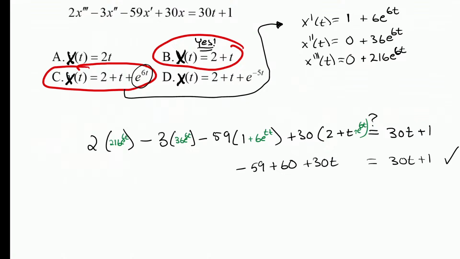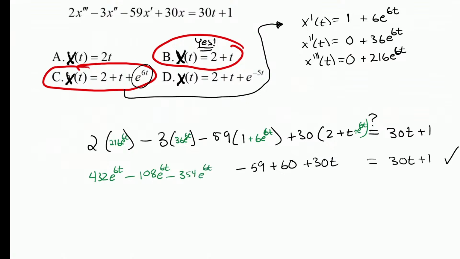So what we're going to do now is just collect up. We've done all of the 59 is here. Here's the 60. Here's the 30t. So let's just check the rest of this. Let's deal with the e to the 6t's. So 2 times 216 is 432 e to the 6t. Minus 3 times 36 is 108 e to the 6t. And then this is 59 times 6. Just a minute. That's going to be 360 minus 6, 354 e to the 6t.